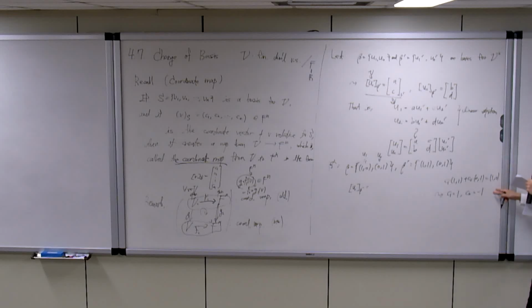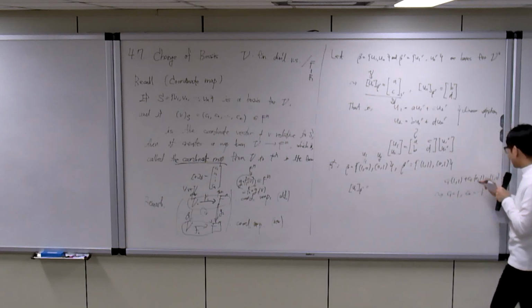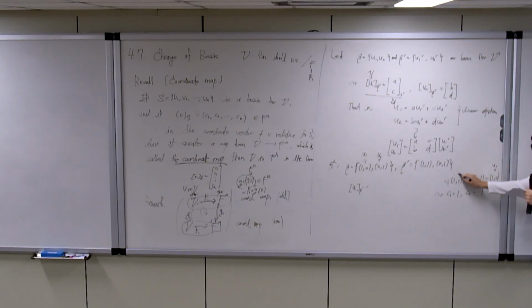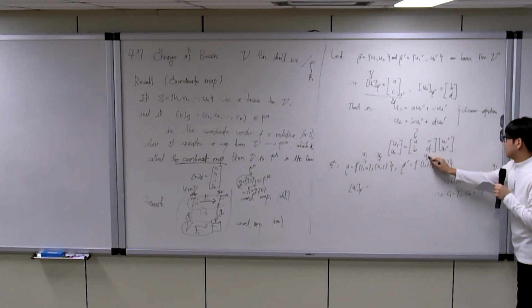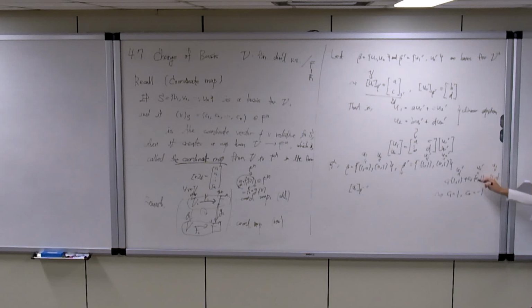So this vector is u1 and the other two vectors are u1 prime, u2 prime.